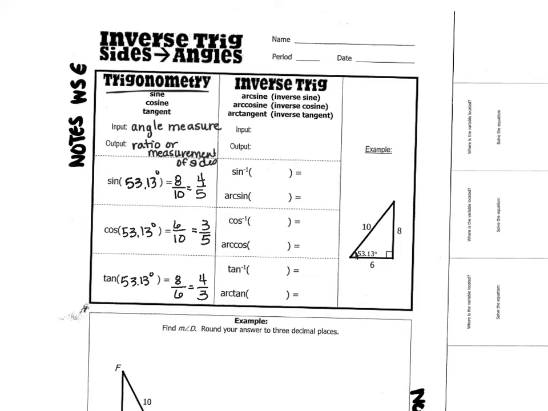So the new relationship that we're going to look at today is what happens if I want to get back to the angle. In other words, this time I know the measurement of the sides, and I want to solve for the angle measure. We're going to just look at this relationship first, and then I'll show you how to solve that.